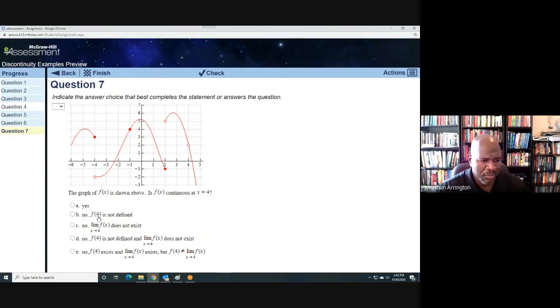Is it because f of 4 is not defined? Absolutely, that's why. Look, f of 4 is not defined. That is the only reason it's not continuous, because the limit exists. The limit is 2, but f of 4 was not defined. Okay, we'll stop there for lesson number 12, and we'll see you next time.